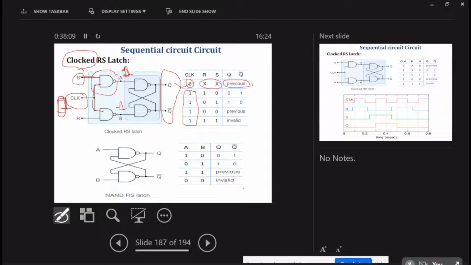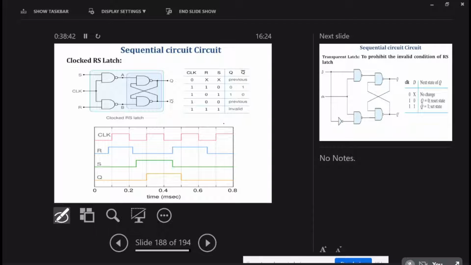In the simple NAND RS latch, whenever the input is applied, it will change its state immediately. But here, whenever input is applied, it will see whether the clock is there or not. So it depends on whether the clock is enabled or disabled. This is the difference between the clocked RS latch and the simple NAND RS latch.